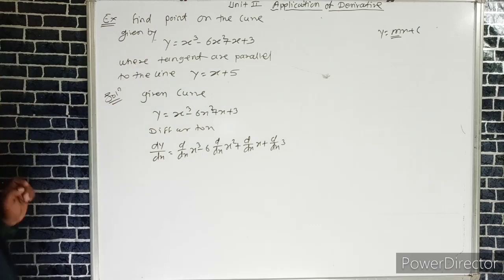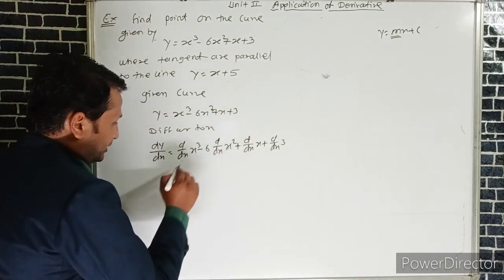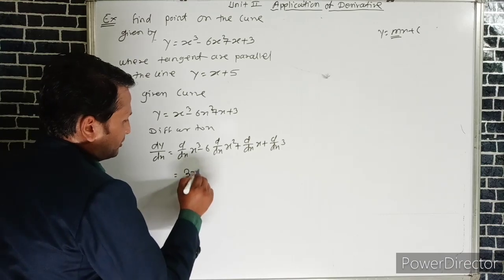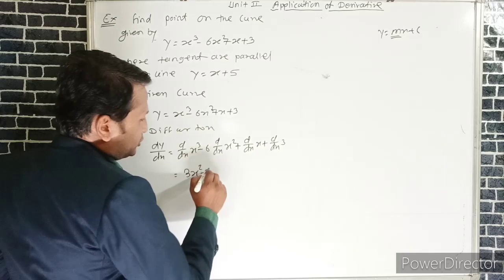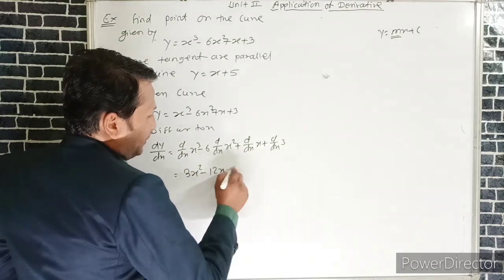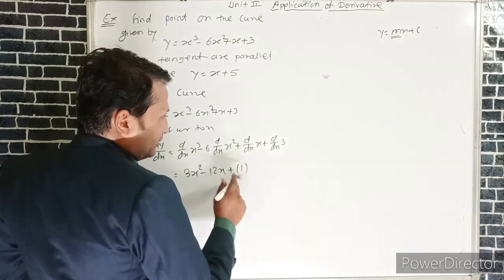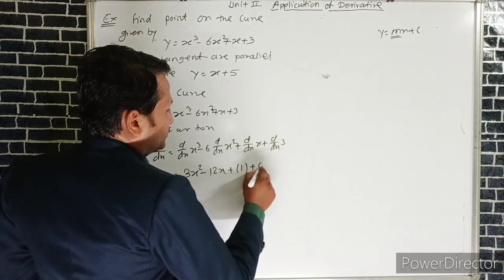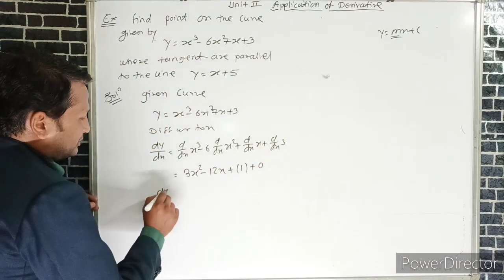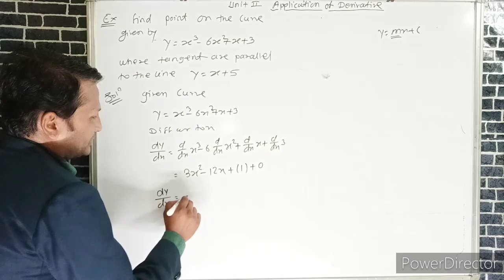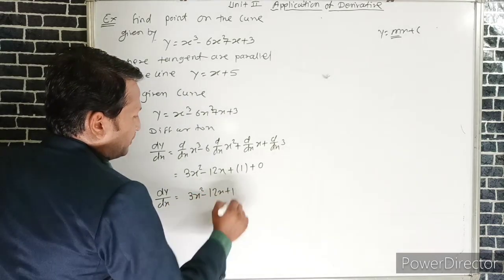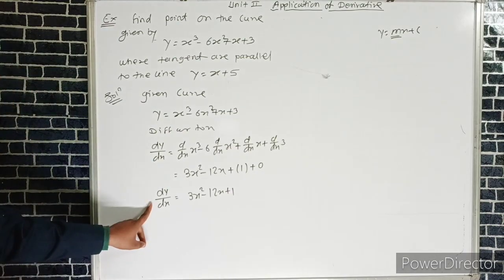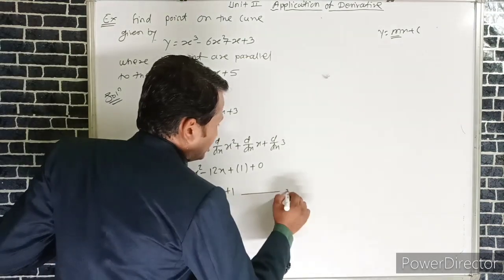We can take a separate derivative of each term in addition and subtraction form. Hence the derivative of x cube is 3x square, minus the derivative of x square 2x, 2 into 6 which is 12x, plus the derivative of x which is 1, plus the derivative of 3 which is 0. Hence dy upon dx is equal to 3x square minus 12x plus 1, which is the slope of the given curve. We write this as equation 1.